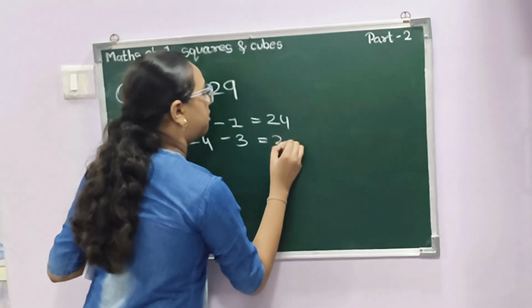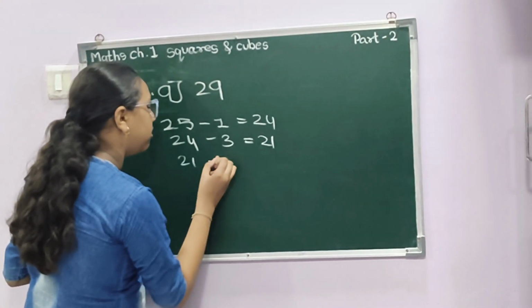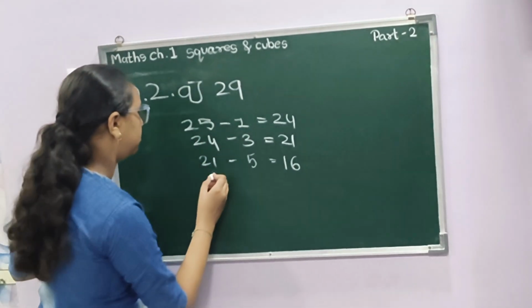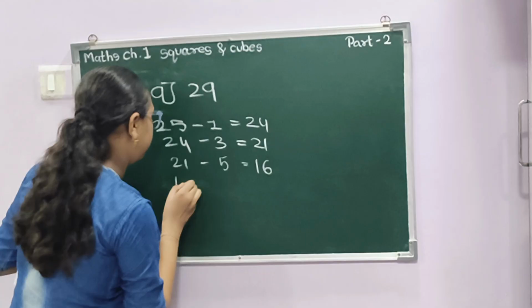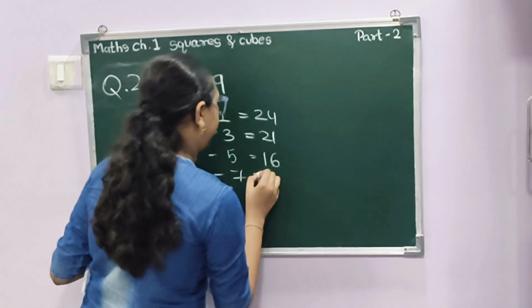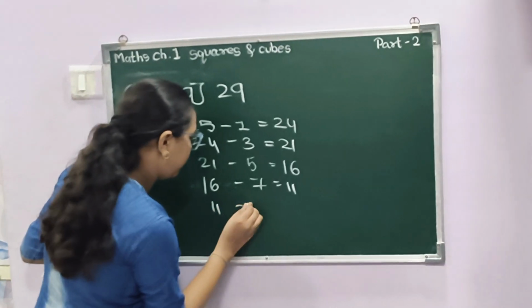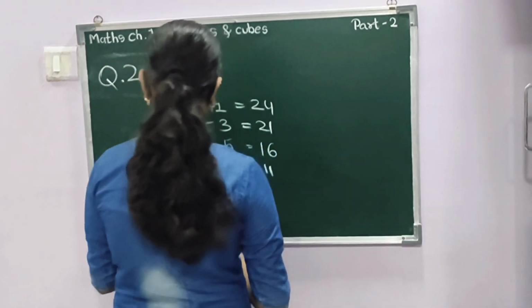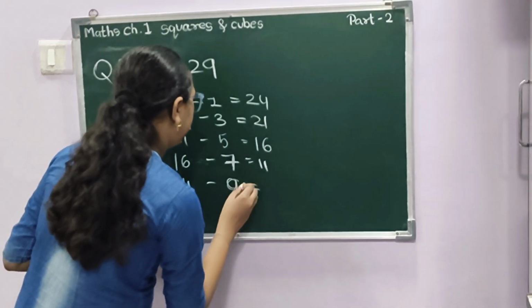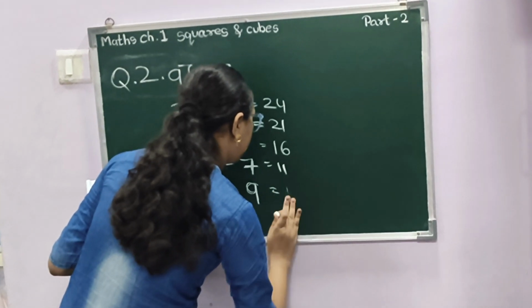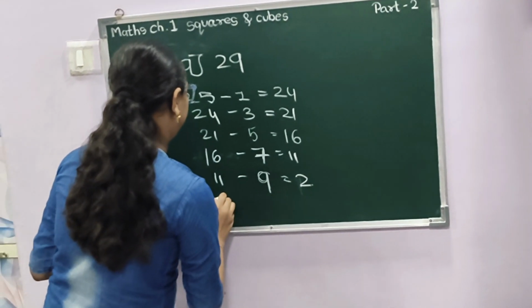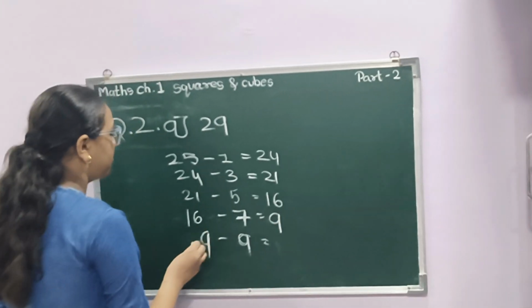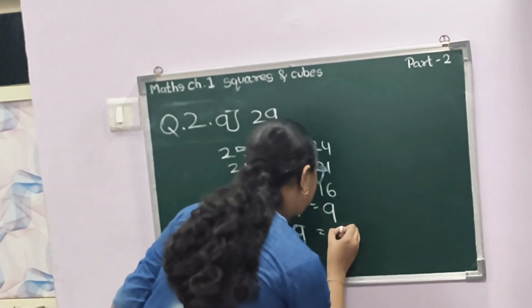Like this, minus 3 also from this number, 21, minus 5 equals 16, and then 16 minus 7 equals 9, 9 minus 9 equals 0.